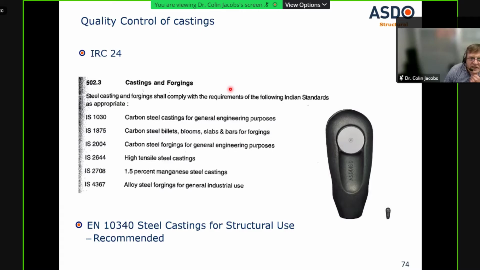So in the IRC, they give many castings you can use. I would guess really for structures, you probably use the IS 2644. We don't know much information about that, I'm afraid. What we do know is EN 10340. So in the Eurocodes, they have a specific casting just for structural use, just for use in structures designed according to EC3.